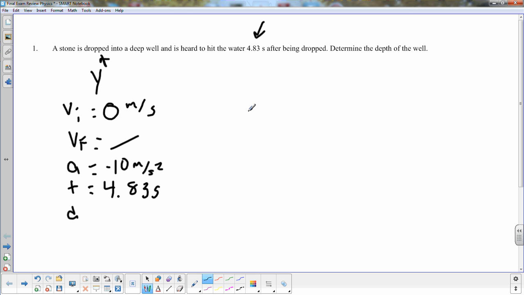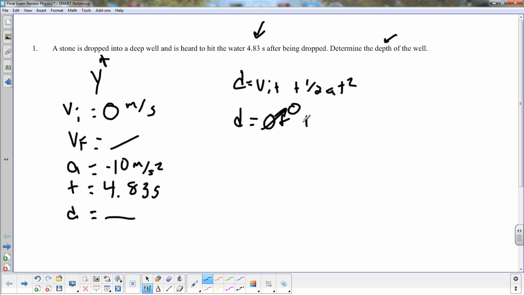So going to our list of kinematic equations, we can probably use D equals VIT plus 1/2 AT squared. And we want to know the D because that's what we're trying to figure out. The initial velocity is 0, so VIT just becomes 0, plus 1/2 negative 10 T squared.